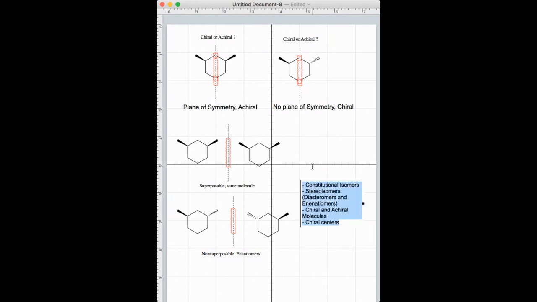So once again, understanding constitutional isomers, identifying stereoisomers and classifying them as diastereomers and enantiomers, determining if a molecule is chiral or achiral based on either element of symmetry or chiral centers, and then obviously assign chiral centers to any molecule. That's basically the goal that I have for this chapter.